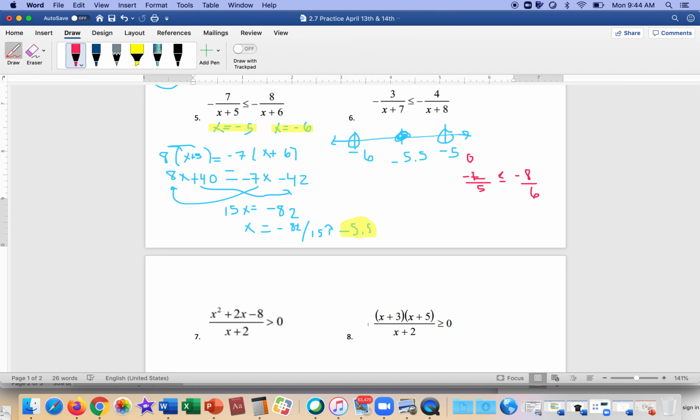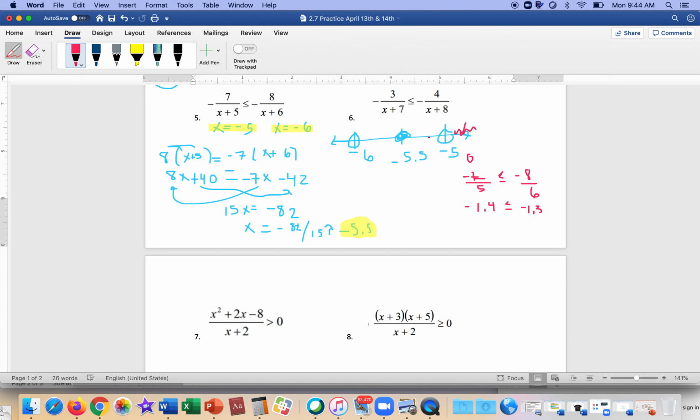So let's see. So 7/5, we have negative 1.4. And is that less than or equal to negative 1.3? Yes. So we would shade in here.